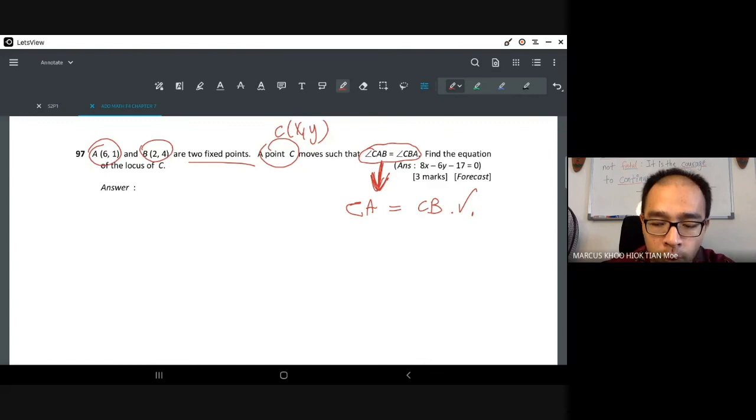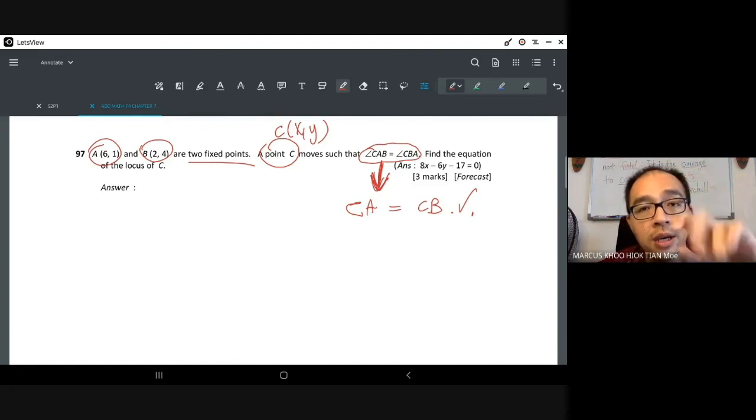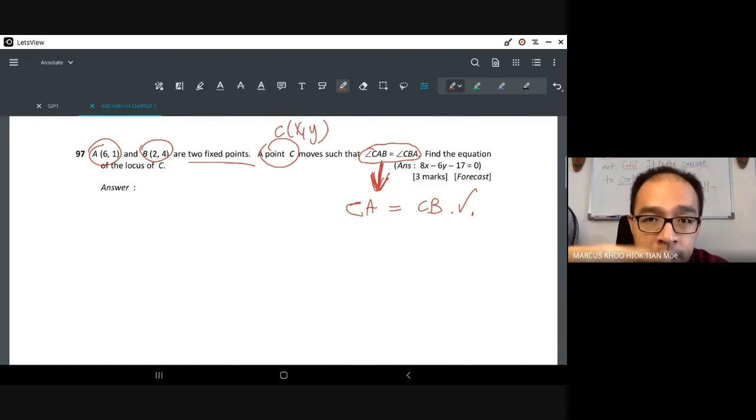When you answer locus questions, you just need to remember there are only three situations. First situation, one fixed point, one moving point. Distance is set. That's what we learned yesterday. Second situation, two fixed points, one moving point, tapi dia punya distance adalah ratio.